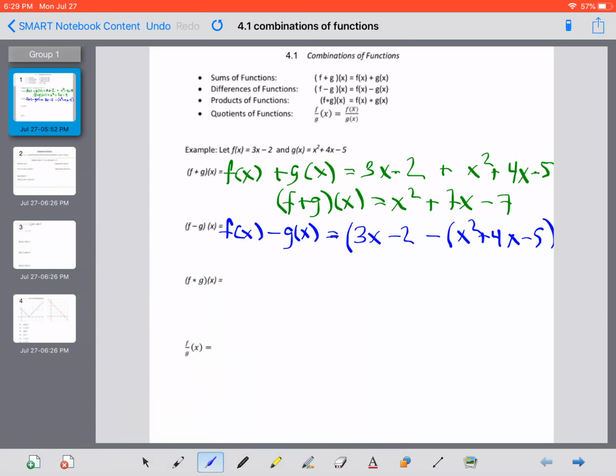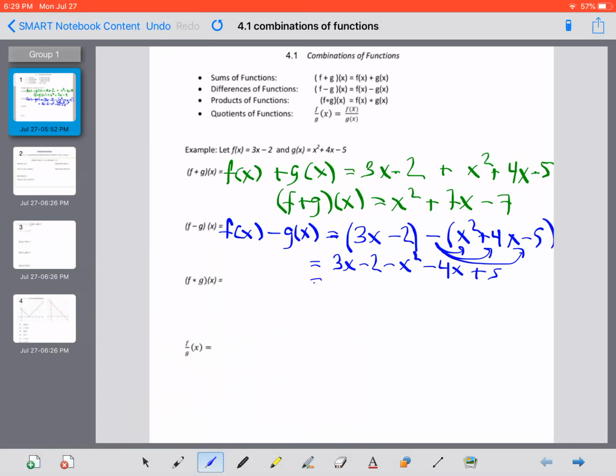Right, because it's f of x minus g of x, we need to make sure that that negative sign gets distributed into the parentheses. So I could rewrite this as 3x minus 2 minus x squared minus 4x, because the negative got distributed to the positive 4x, and minus a negative 5 would be a positive 5. A negative times a negative is a positive.